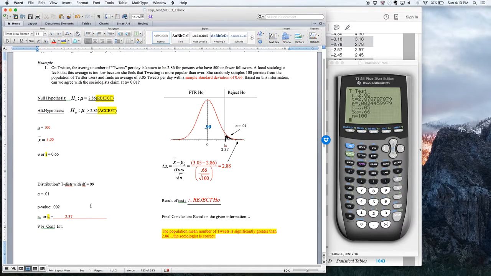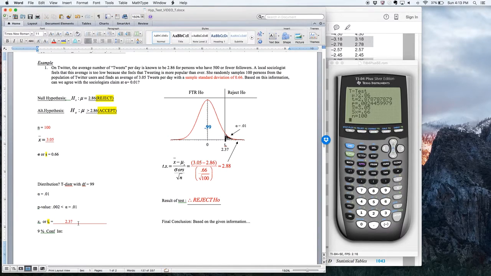So this p-value is less than alpha equals 0.01. Therefore, reject H sub 0.